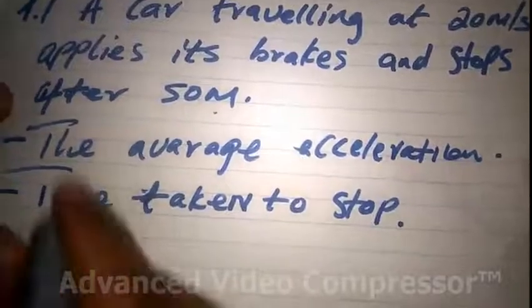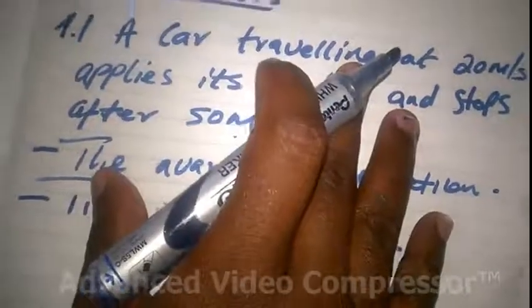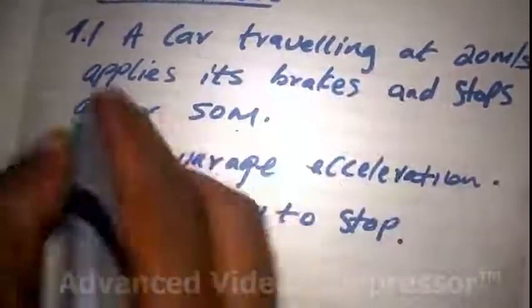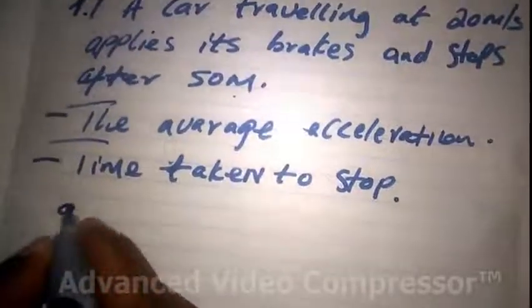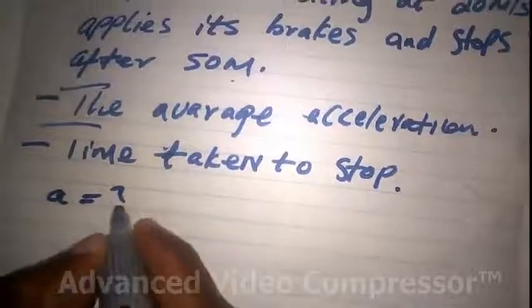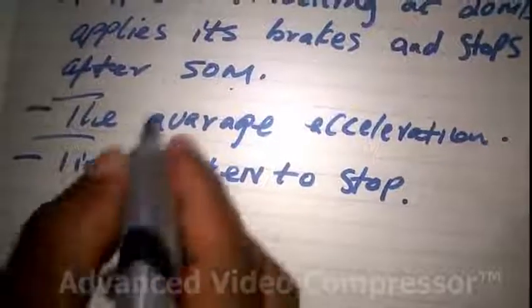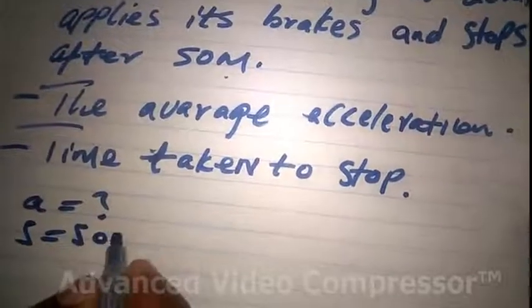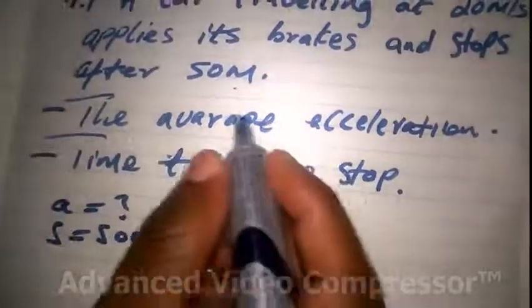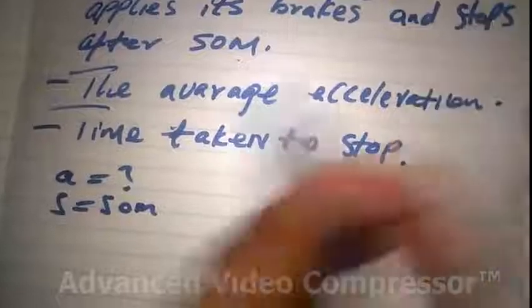So let us see what we have. What do we have in terms of acceleration? We already know we are looking for acceleration, as mentioned. We have time, and distance, which is 50 meters. What do we have?